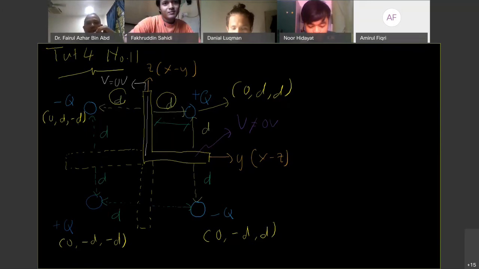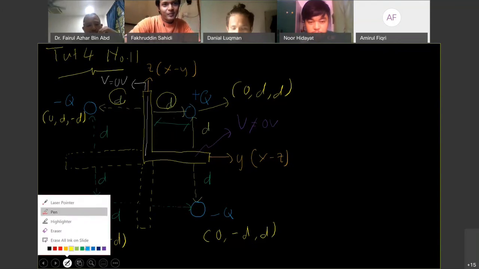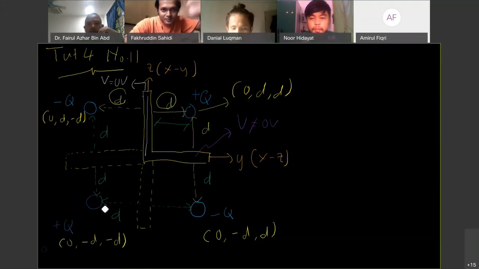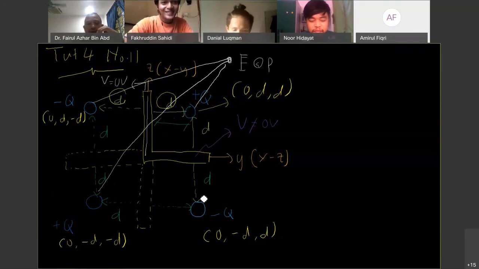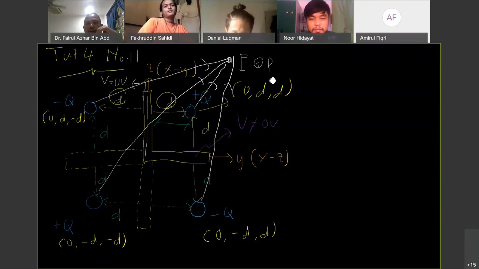Then based on this arrangement, let's say we want to find E at this point, E at P, for example. Then we need to derive the vector of distance and direction from each charge to our test point.